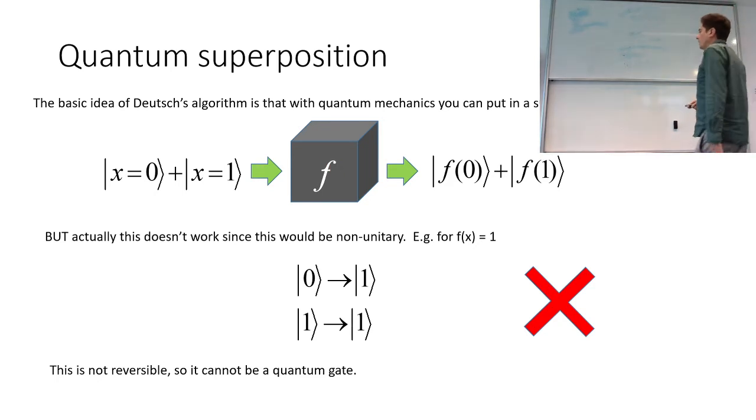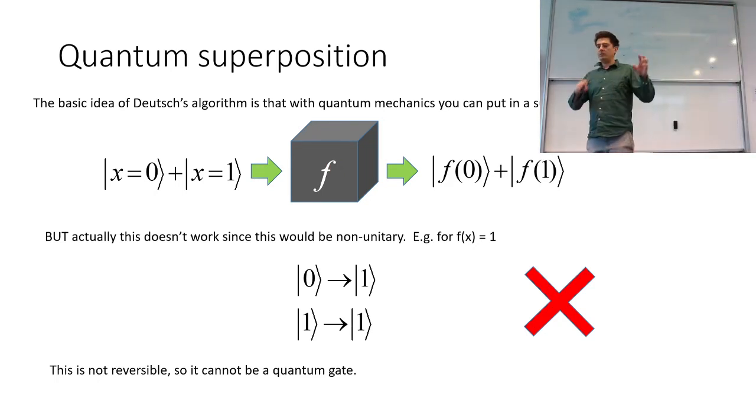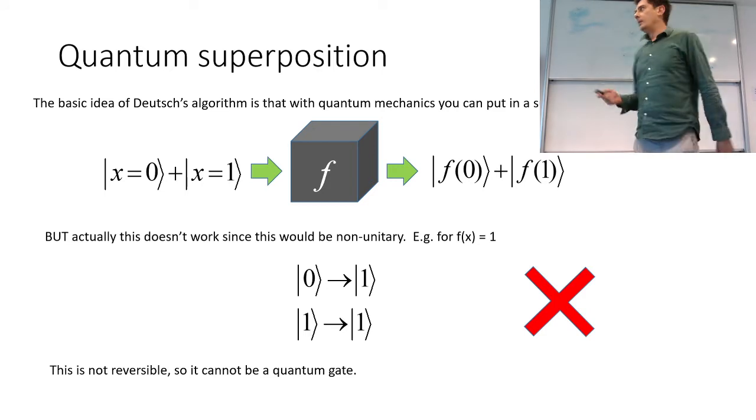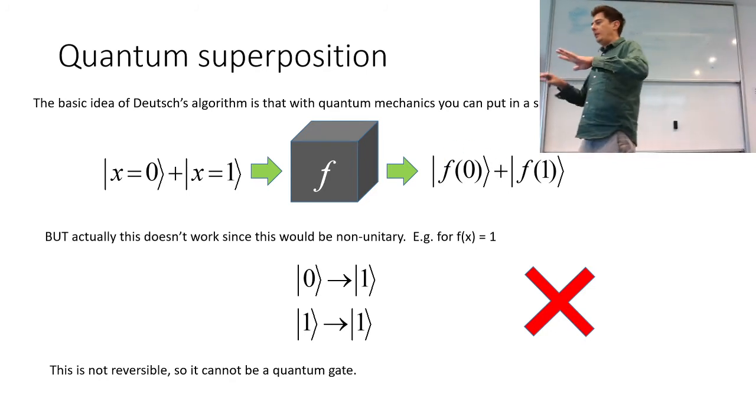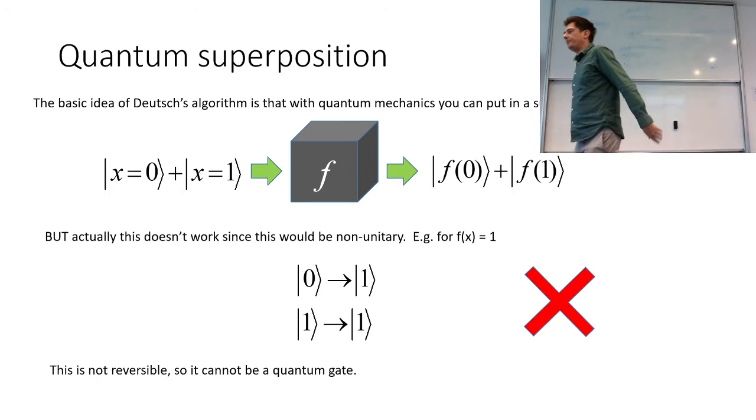And because each one of those terms proceeds in parallel, it only costs one call of this to figure out what the output is, because in a superposition, everything sort of happens in parallel.